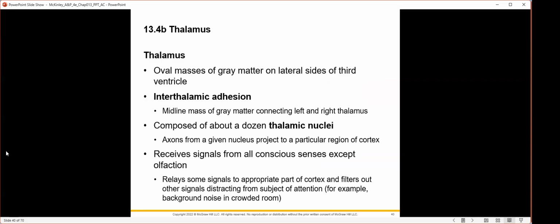Its main purpose, and don't worry about this interthalamic adhesion, is to receive signals from all conscious senses except olfaction. So whenever we are doing vision, touch, hearing, or taste, all of those from their neurons get processed by the thalamus and then sent to different parts of the cortex for interpretation. The only one that doesn't go through the thalamus is your sense of smell.